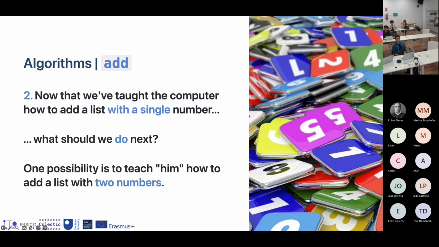So now that we've taught the computer how to add a list with a single number, what should we do next? Well, we can try to apply the same idea and teach him how to add a list with 2 numbers, okay?